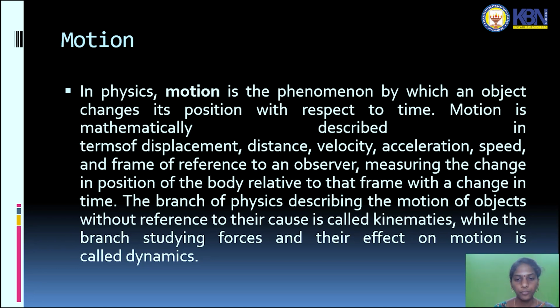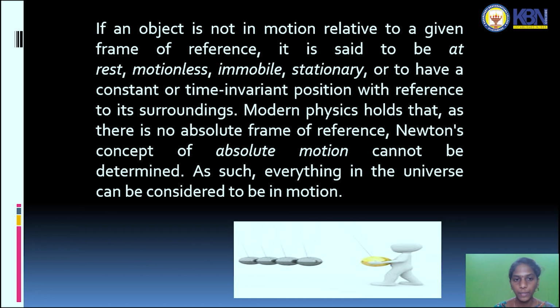The branch of physics that describes the motion of objects without reference to their cause is called kinematics, while the branch studying the forces and their effect on motion is called dynamics.